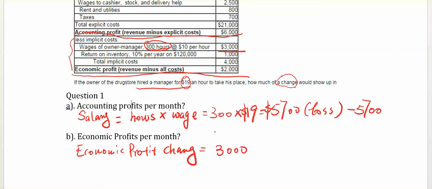He saved $3,000 due to having an extra 300 hours, but at the same time he paid extra dollars for the manager, so minus 5,700. That is the accounting cost loss, and this is the implicit cost saving. So you use 3,000 minus 5,700, and you get negative 2,700. Which means, compared with the accounting profit loss, the economic profit only lost $2,700.